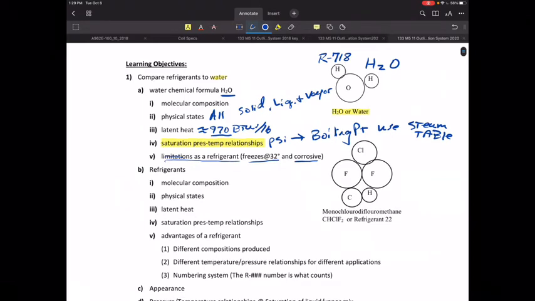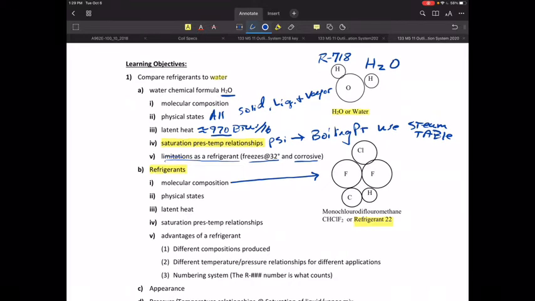So let's take a look at refrigerants, and specifically we're going to take a look at one of them in particular that we're going to use. The first one that we're going to take a look at is what I'm going to call refrigerant 22. Refrigerant 22 has somewhat of a different molecular composition, and its molecular composition is illustrated to the right here.